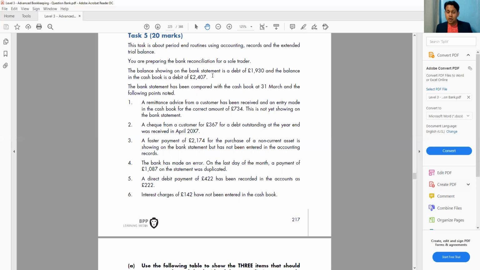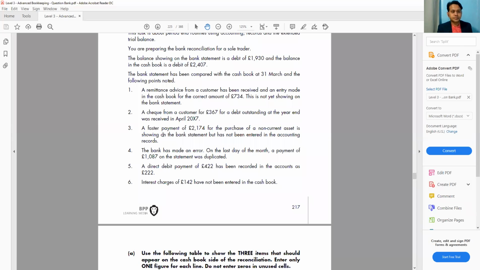From the bank's point of view, debit means expense. From your point of view, debit means asset. So on your cash book, debit means you have this money, this is your asset. If the bank says debit, it's like you are using the overdraft. So it's not matching, and you have to identify the reason why.